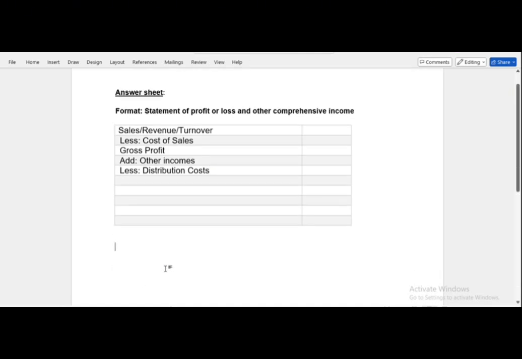So I'm just going to give an explanation here. Explanation for distribution costs.